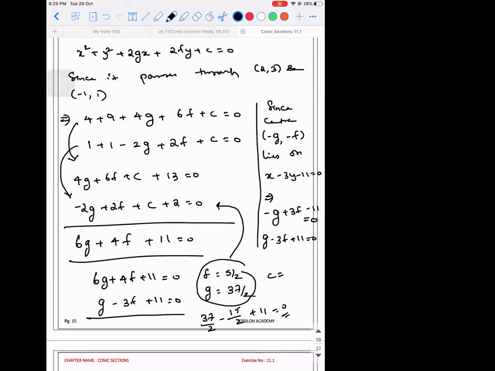Yes, sir, minus 7 by 2 is right actually, because minus 7 by 2 minus 15 will be minus 11. Yes, that's right, I made a mistake. Minus 22 by 2 is minus 11, plus 11 is 0. Now find out the value of c and tell me.